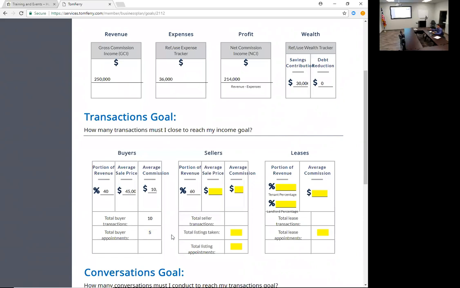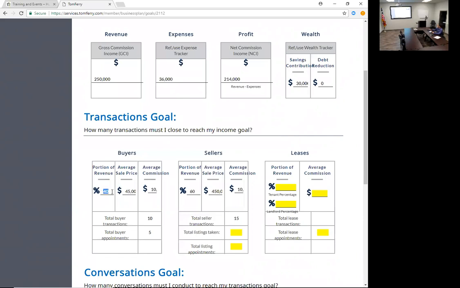So if I have 1 listing presentation or 1 buyer appointment, this one's talking about buyer appointments. Average sale price, again, about $450,000. Average commission, 10 grand. I think on the first one it says 44. No, the next one, sale price.